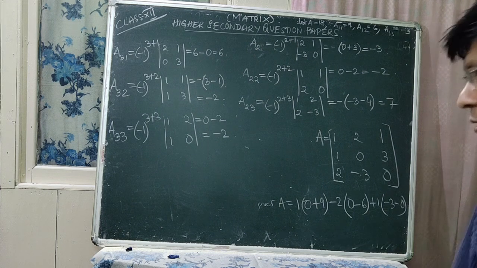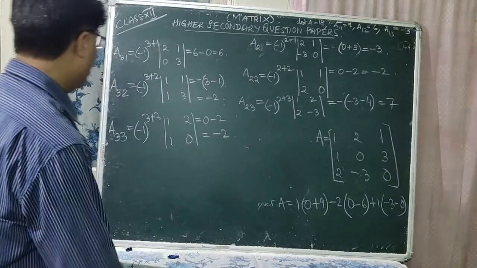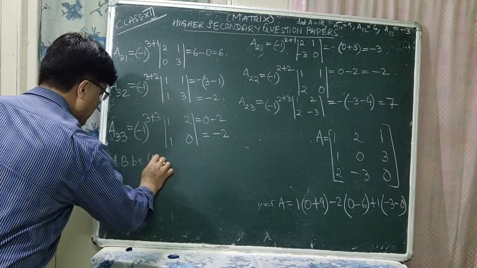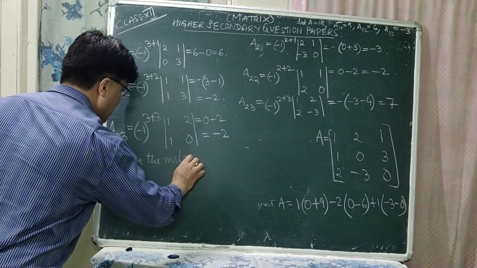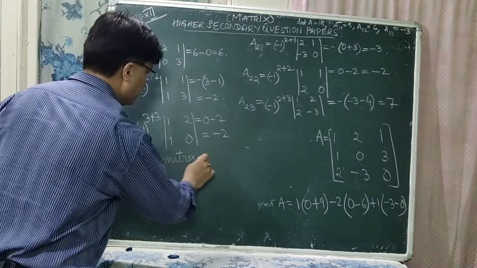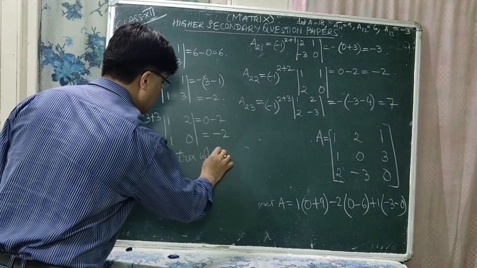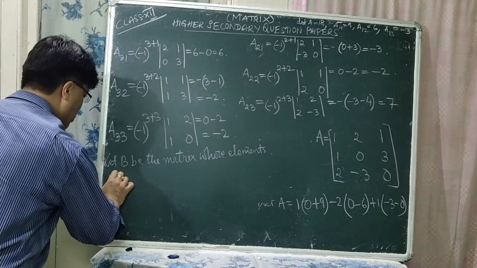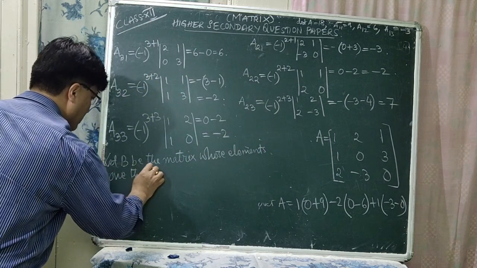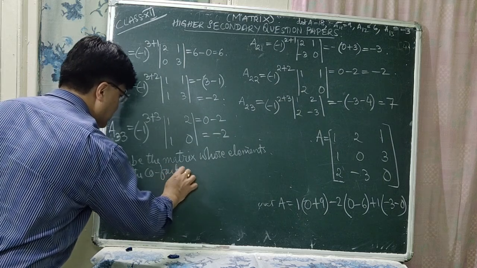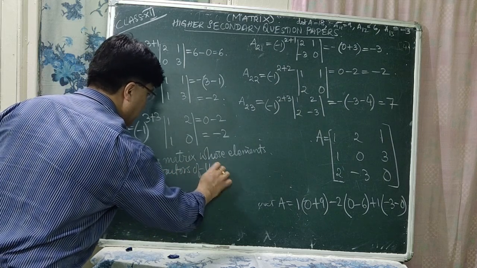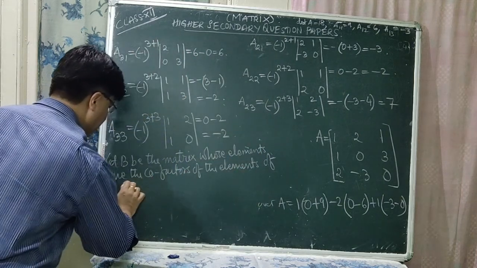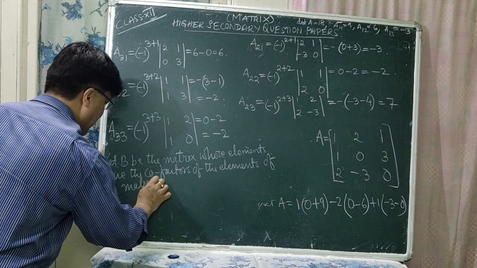So let us write down here, let capital B be the matrix whose elements are the cofactors of the elements of matrix A.